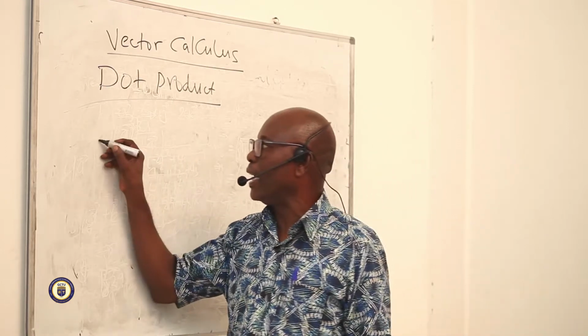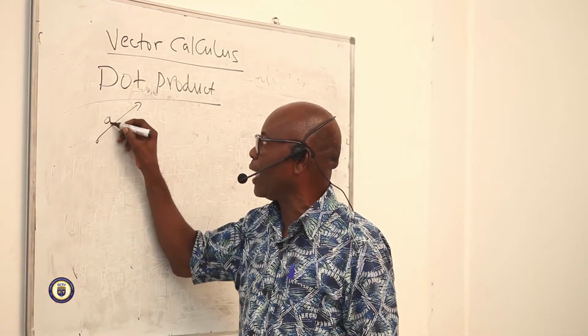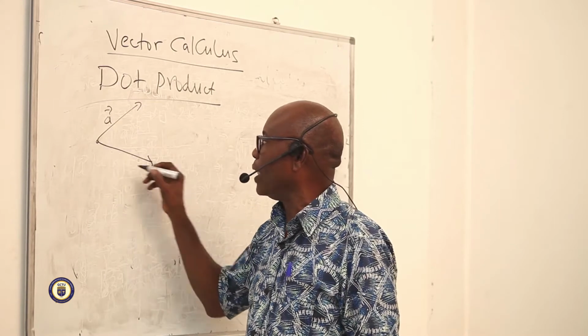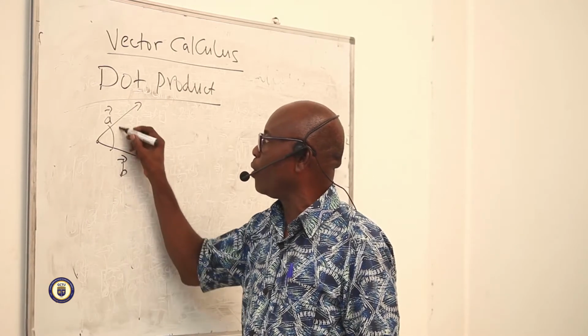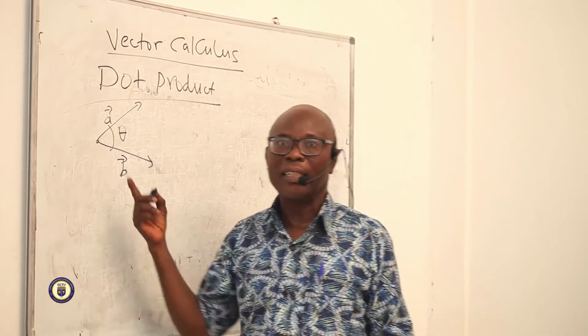So if you have A going in this direction and B going in this direction, then obviously you can see that there's an angle between them.